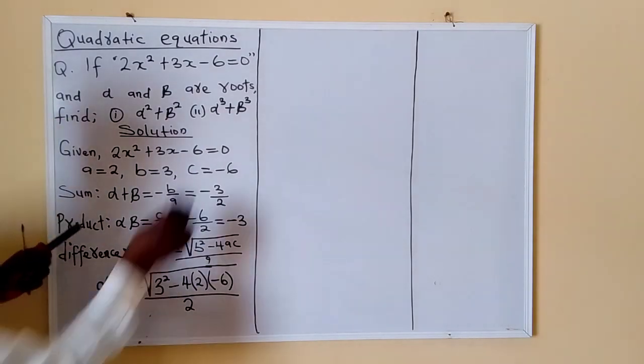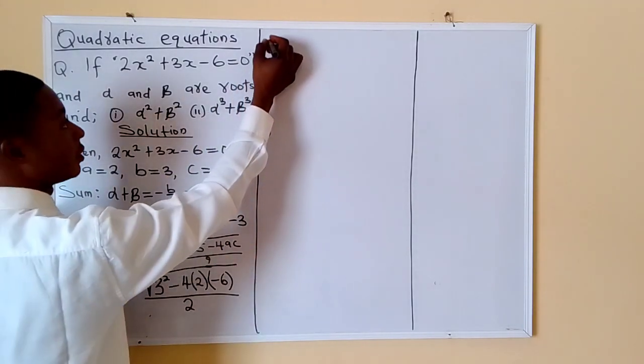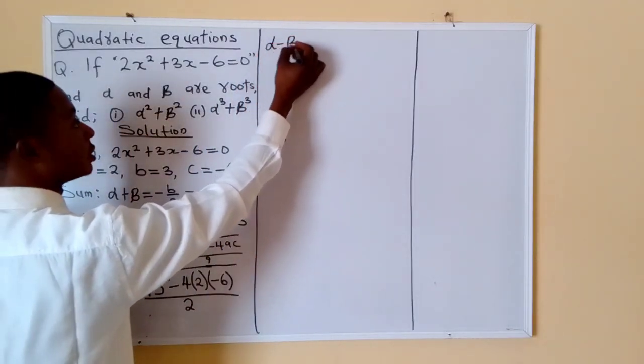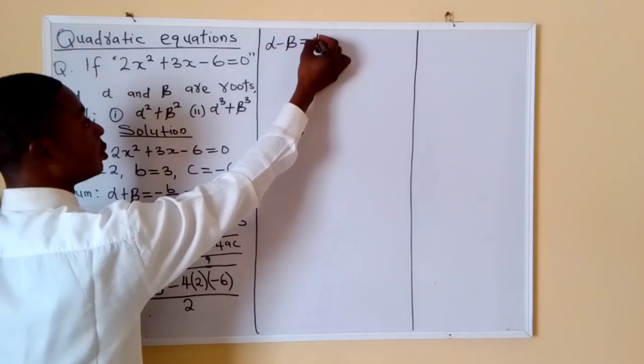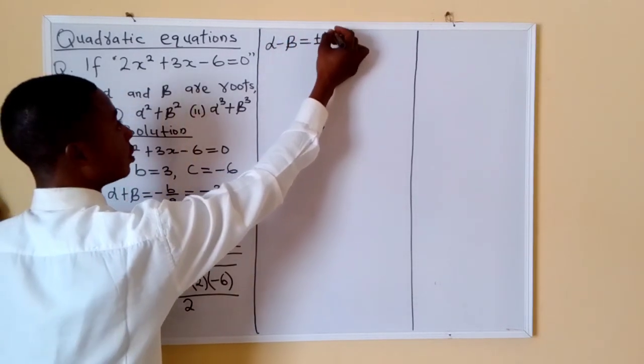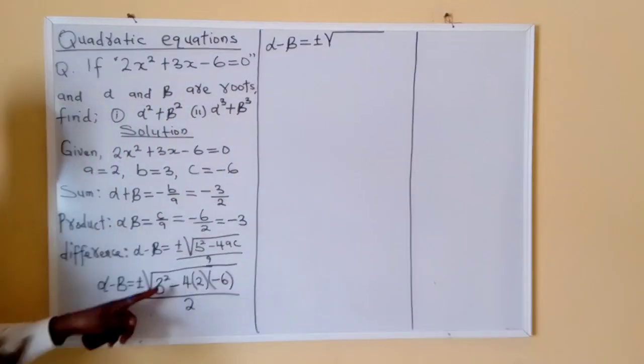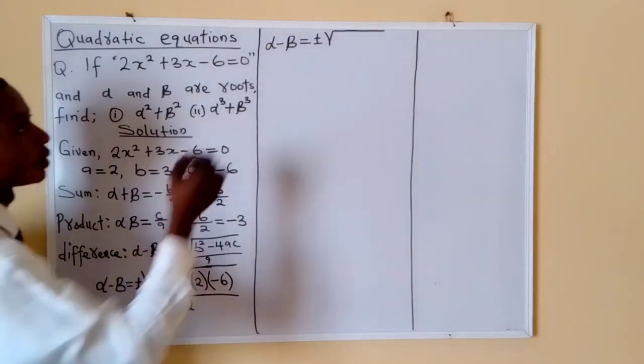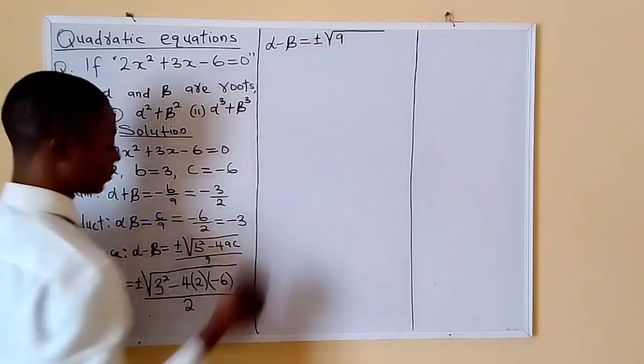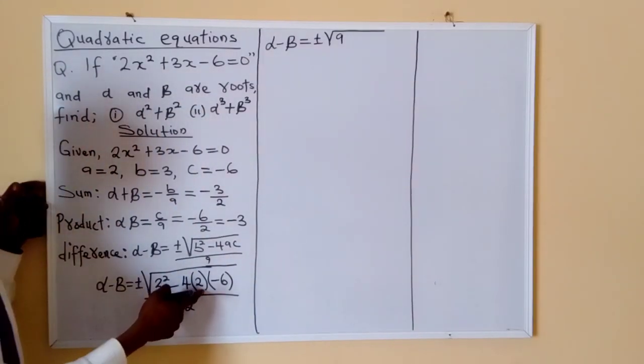That means our alpha minus beta will be equal to plus or minus the square root of 3 squared, which is 9, that is 3 times 3. Minus 4 times 2 is minus 8.